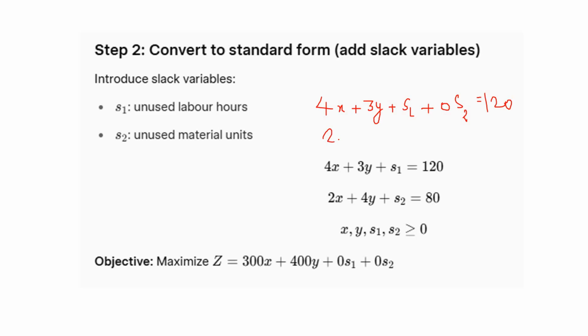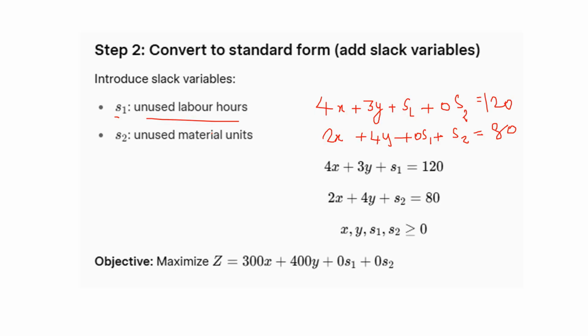Then you can write 2x plus 4y plus 0 s1 plus s2 equal to 80. I hope you have understood and got the concept. That means s1 is the unused labor hours. Unused labor hours means sometimes the government orders the construction project to stop because of pollution and all.